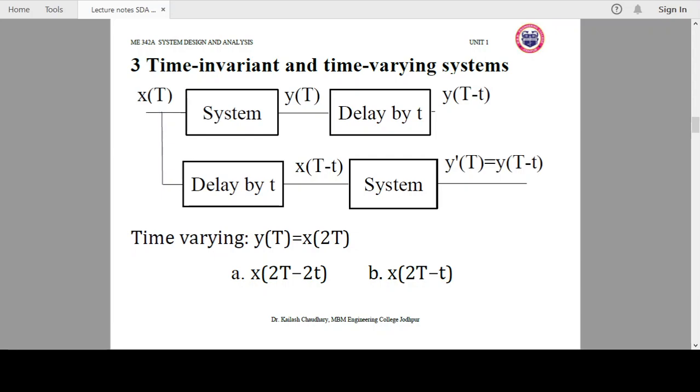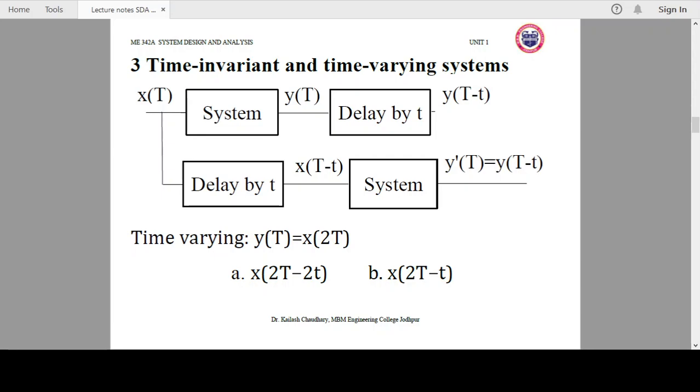And if you pass through the delay first and then go to the system, then the equation changes accordingly. So this diagram shows the changes in the equation if you run through the system first then delay, and alternatively if you go through delay first and then system.